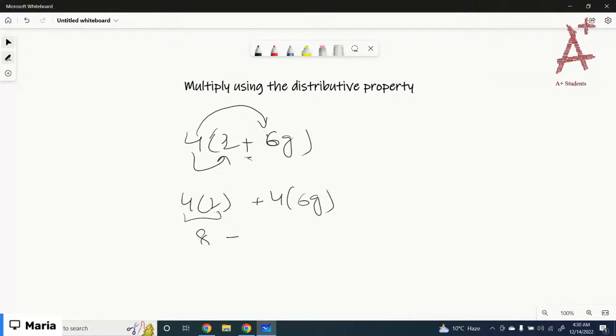So 4 times 2 is 8. Then 4 times 6g is 24g. So it is 8 plus 24g. Got it? The number outside the bracket multiplies with everything inside the bracket.